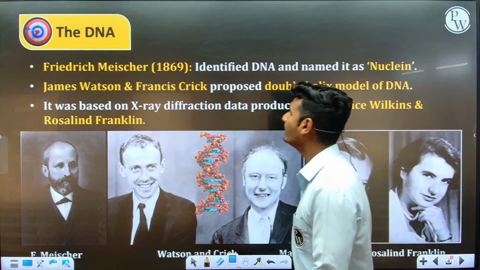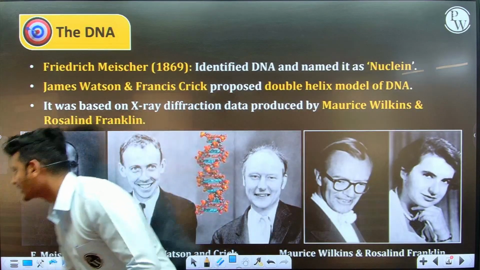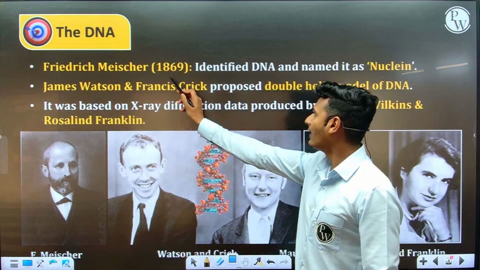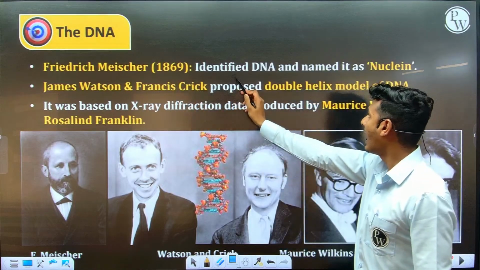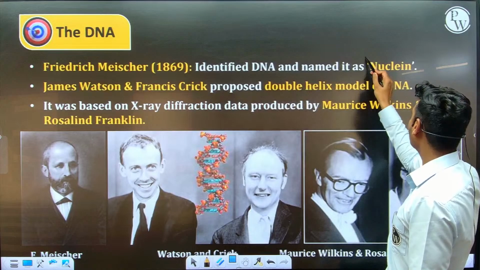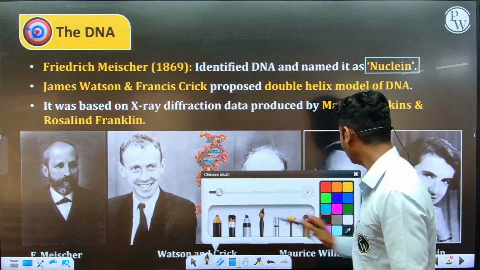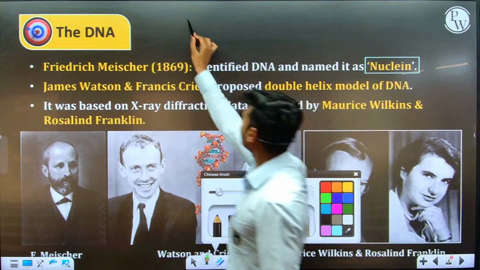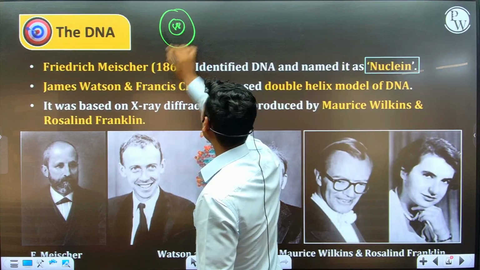So the first input is Friedrich Miescher, the scientist F. Miescher, in 1869, identified DNA and named it nuclein. Because the concept you have to understand, there is a cell having a nucleus, and the nucleus having some substance.